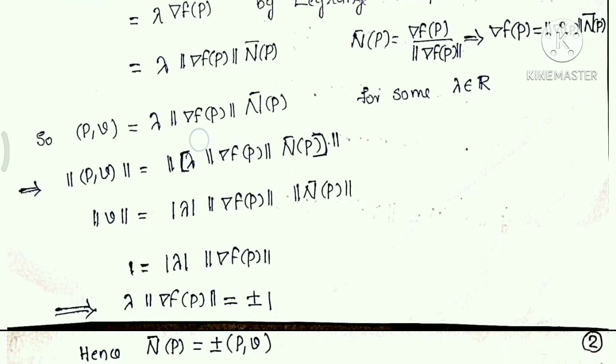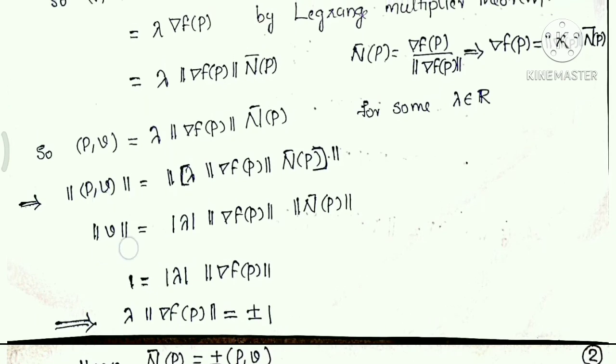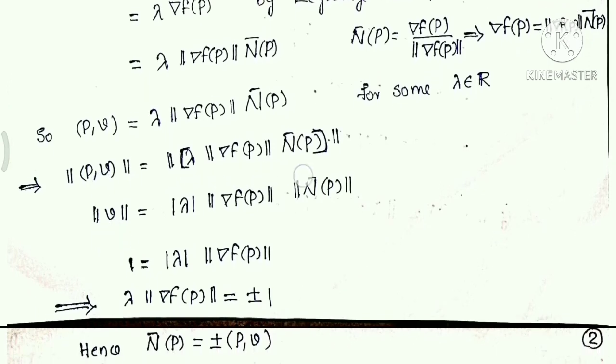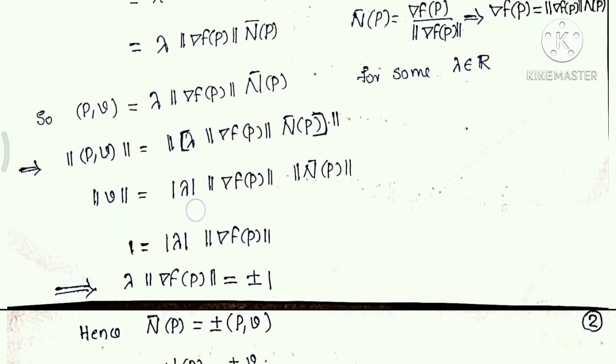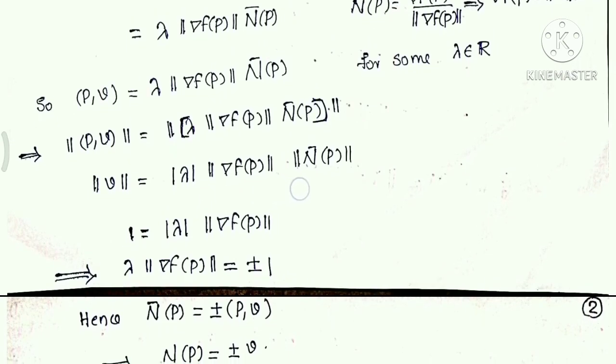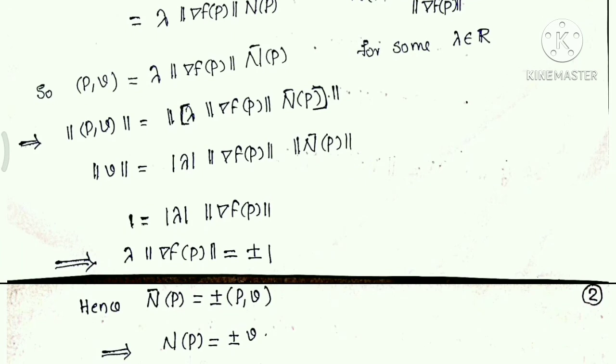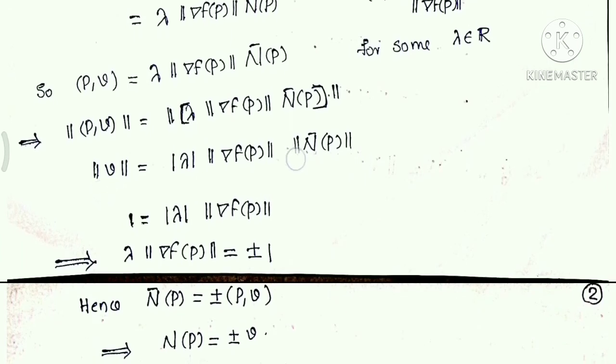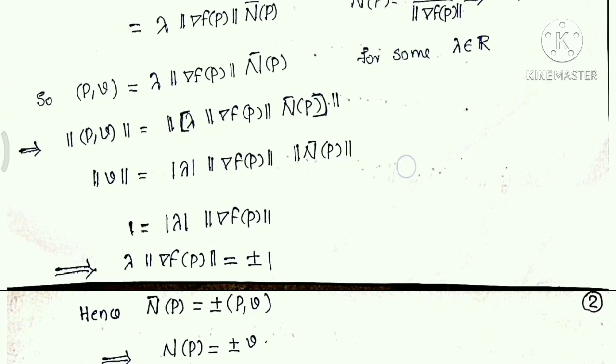Consider the norm of this equation. Norm of v is equal to norm v, and the norm of the right side will be equal to modulus of lambda times norm of del f(p) times norm of n(p). Here v belongs to S^n, hence norm v equals 1, and norm of n(p) is equal to 1.